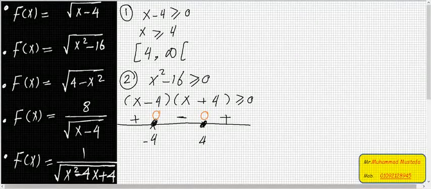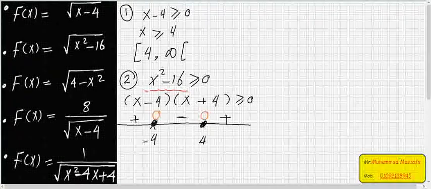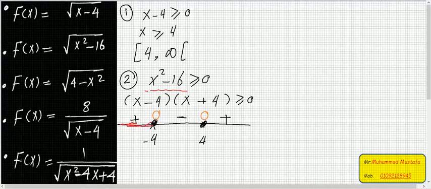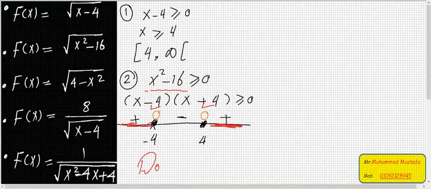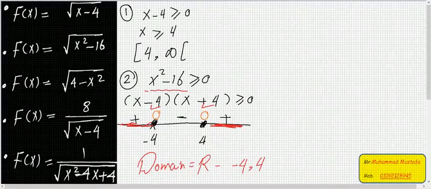We need all real numbers that make x² - 16 greater than or equal to 0. We need this interval, and also this interval, and we need the 0 at -4 and at 4. Then the domain is from negative infinity to -4, union 4 to infinity. This is a closed interval.